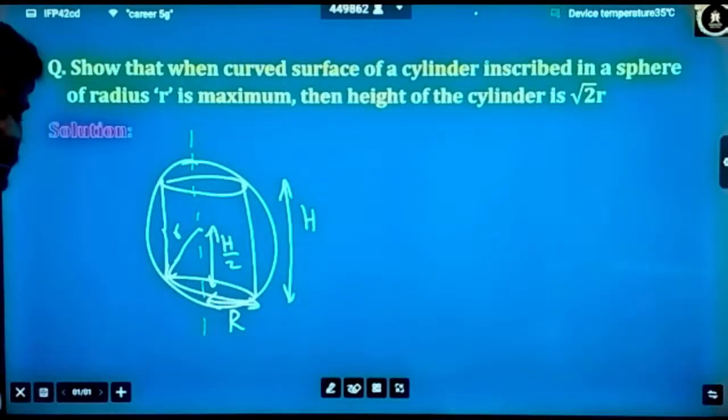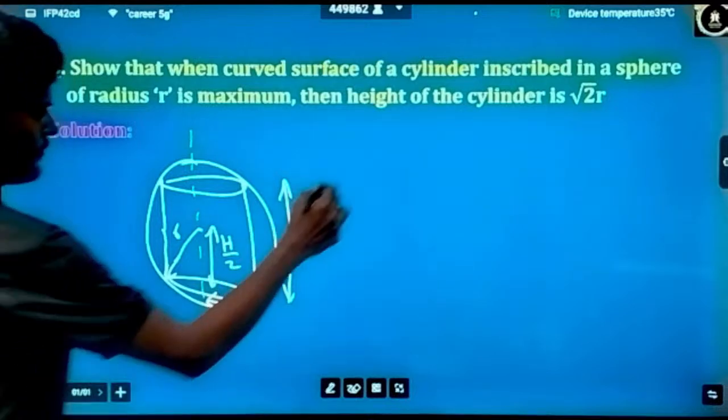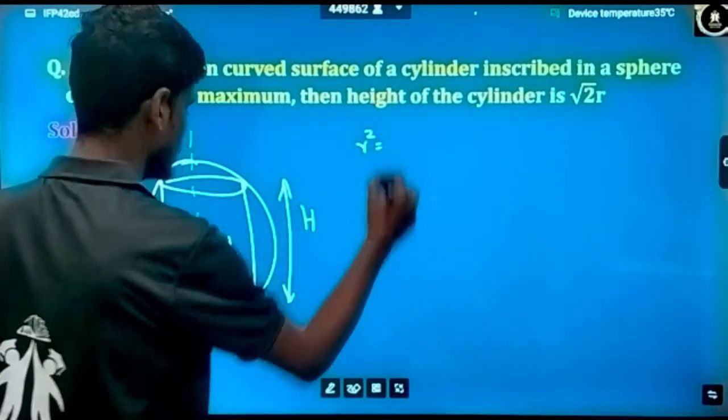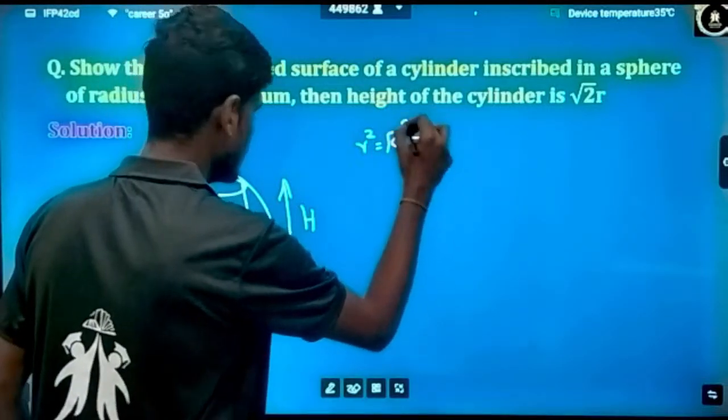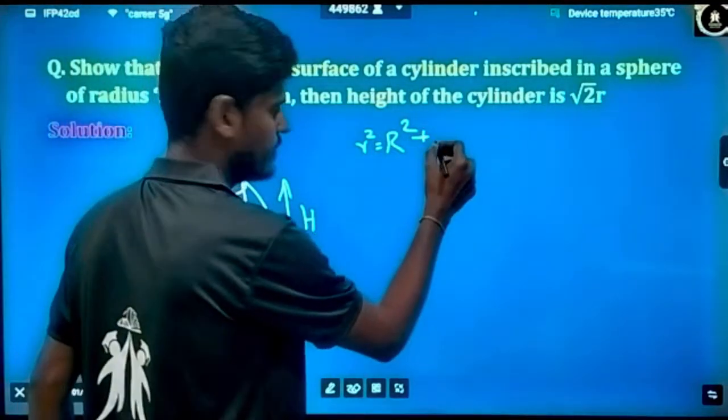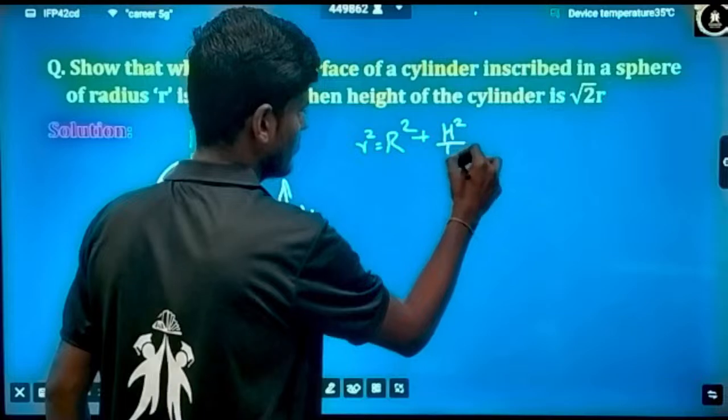By Pythagoras theorem we can write small r square is equal to capital R square plus h square by 4.